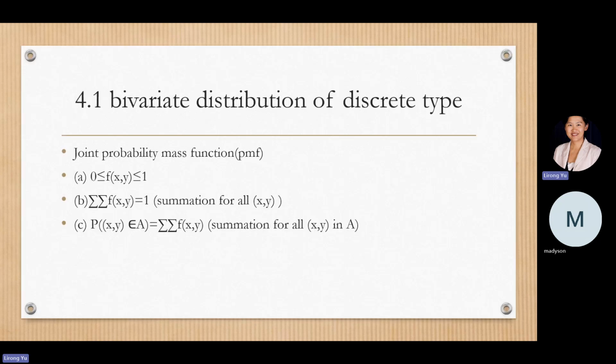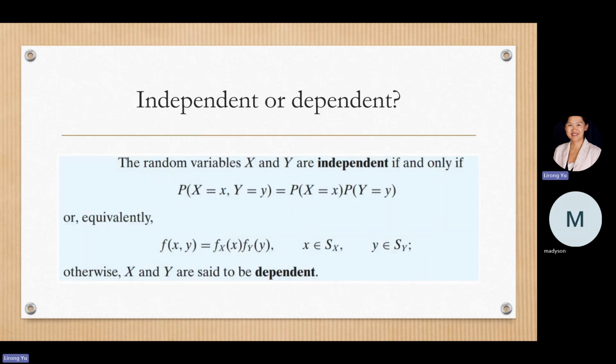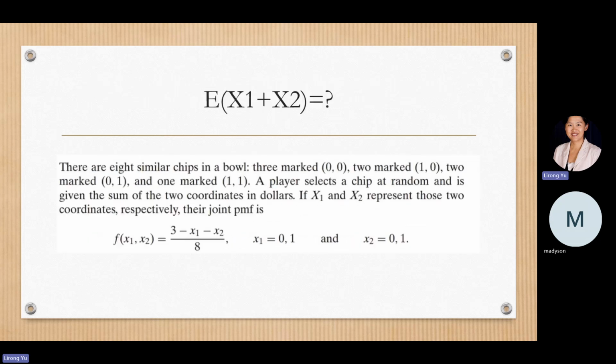These can be 2 discrete variables or 2 continuous variables. If it's discrete, we're calculating the probability of individual scenarios, and each probability should be between 0 and 1. The joint probability total summation should be equal to 1. Individual probability should be a summation of the probability of each case. And we had a couple of examples of them.